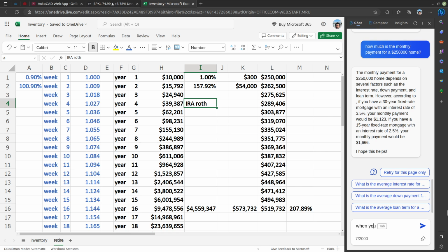When you retire, do you have to pay any taxes if your Roth IRA grew?